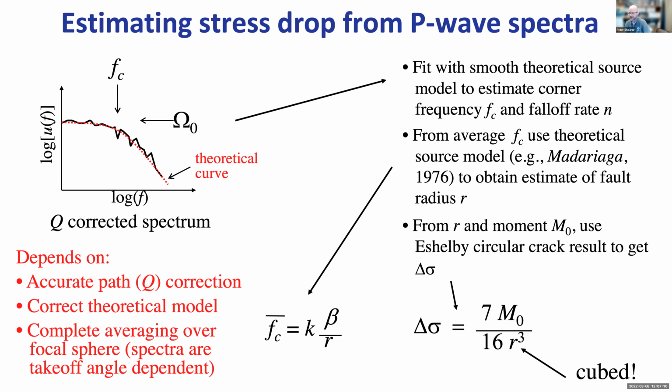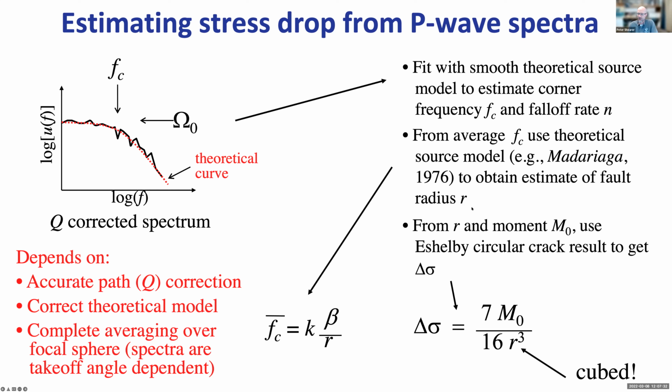Then we use somebody's model. A common one is the Madariaga model, and that gives us the size of the fault. And since we don't typically know any better, we just assume the fault is circular and has a radius r.